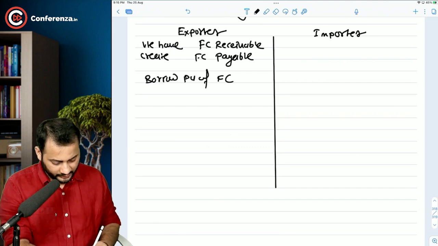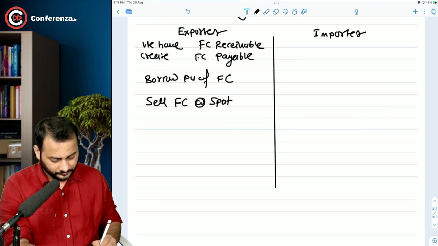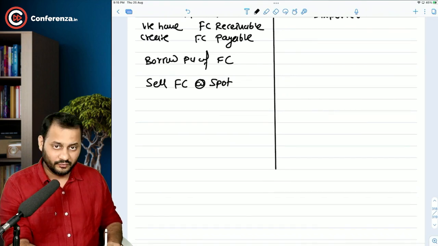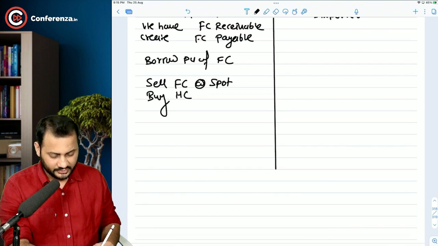Once you borrow it, sell foreign currency at spot. So once you sell it, you will receive rupees. Or we can say, if you sell foreign currency, it means you are buying home currency.